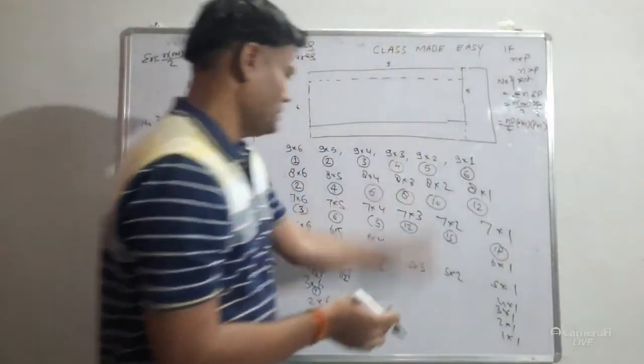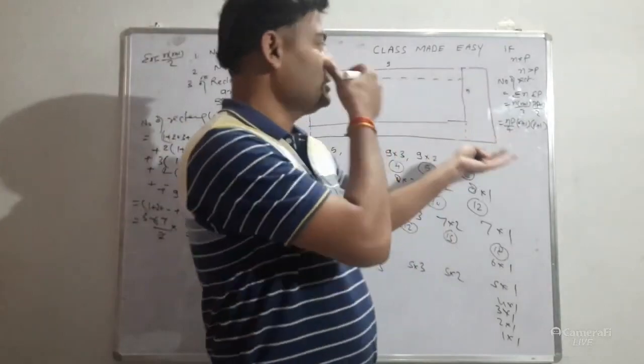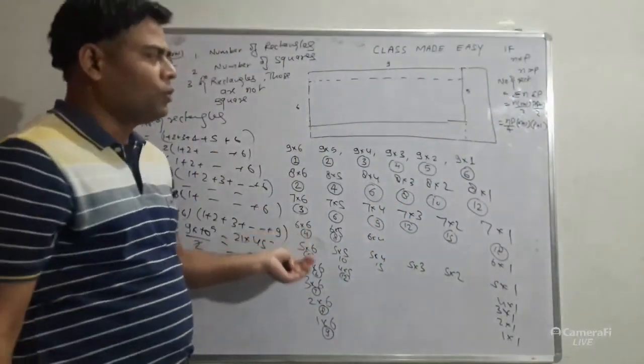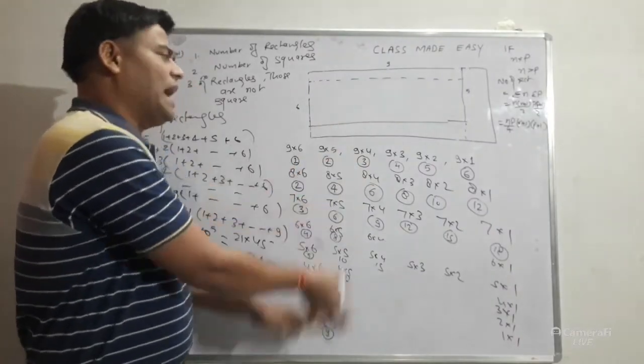So if you know this rule, by observation we got this rule. Whenever scientists make rules, they do the same thing like that.